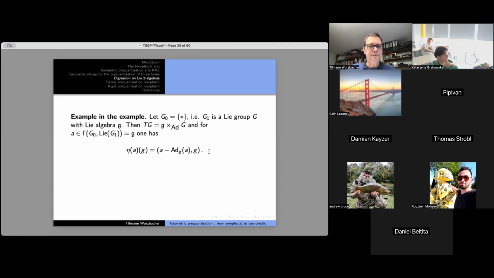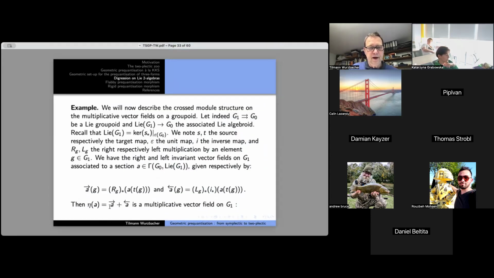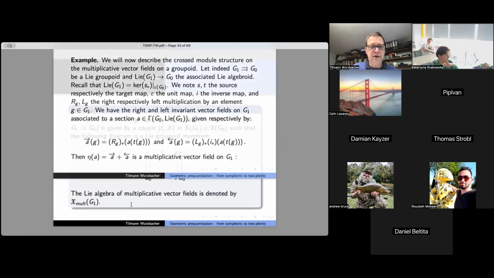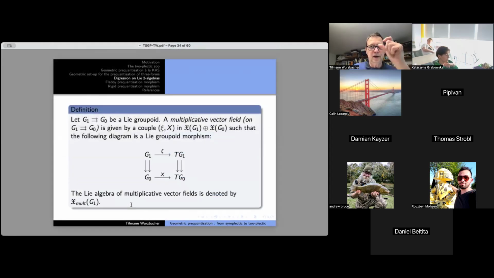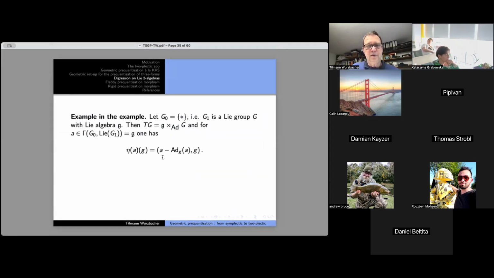And so the sections are again just the Lie algebra. And this eta, left plus right invariant vector field with an inverse inside, gives a minus here. So I take G, the left invariant vector field, so I have the A here and the right.